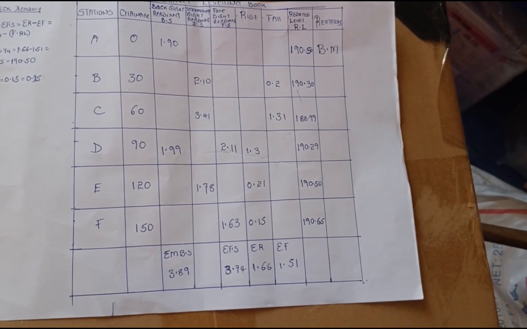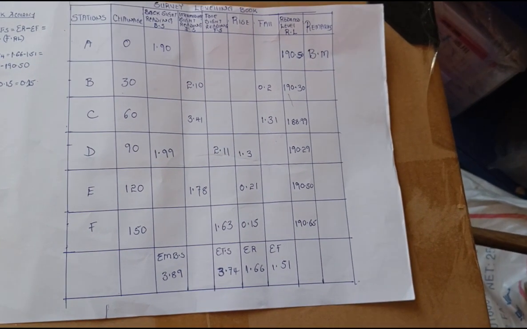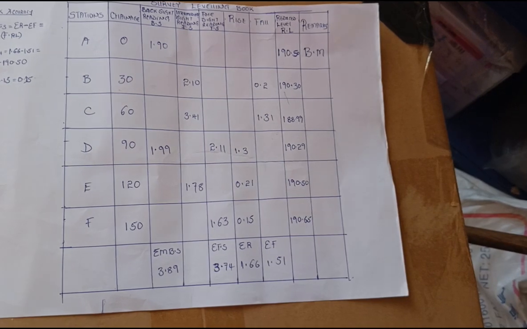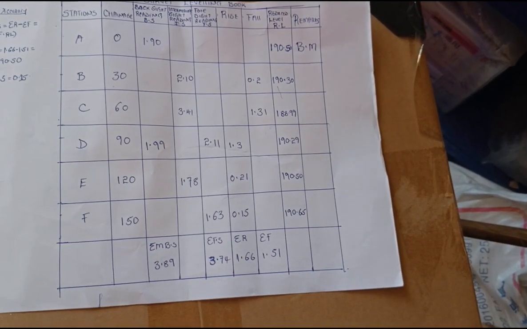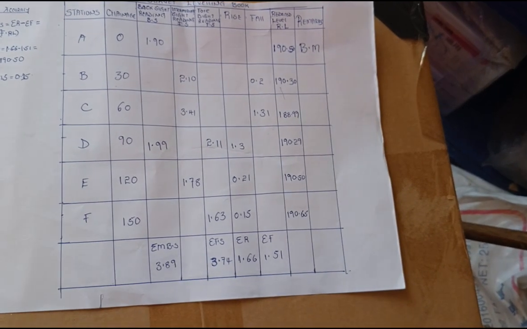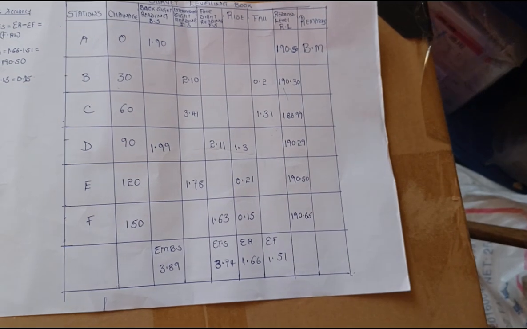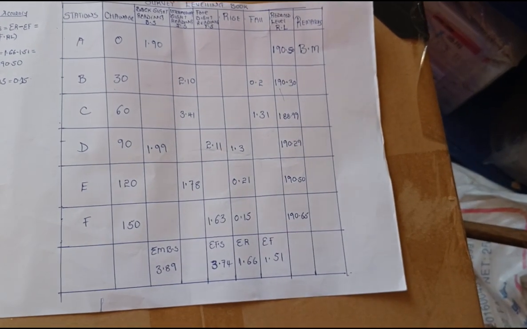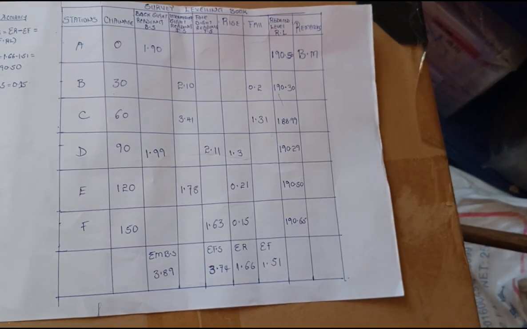The first reading that you record is the backsight reading, and the last reading you record before shifting your machine is the foresight reading. In between the backsight and foresight readings, any reading that you record is an intermediate sight reading. Then after recording all those, you have to find the rise and fall.